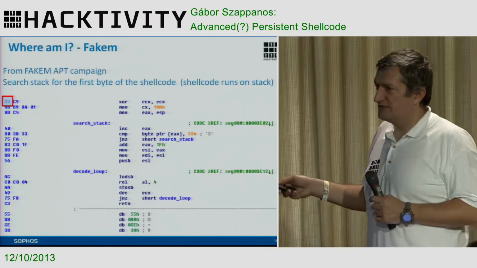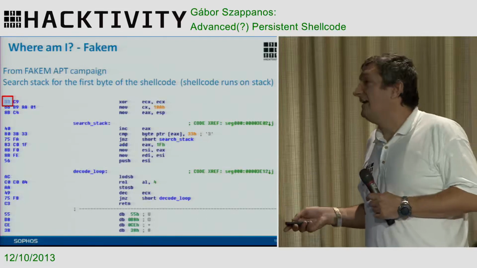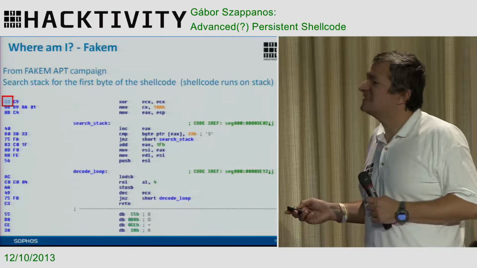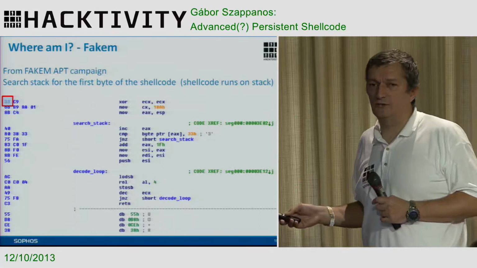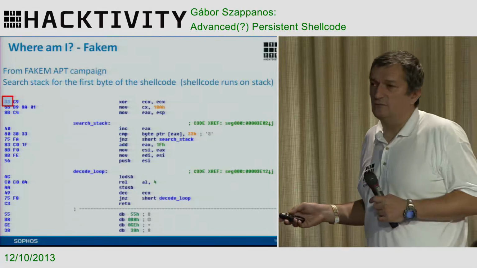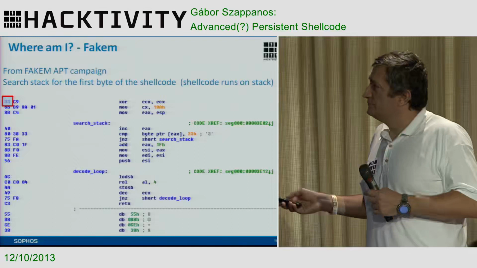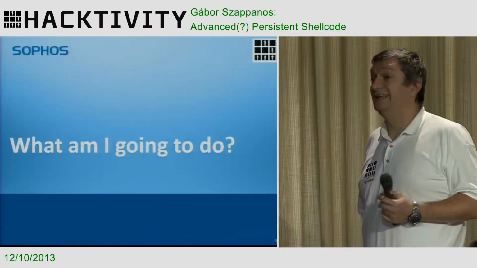Now, to use this method, the shellcode has to be sure that the stack pointer will point somewhere nearby the beginning of the shellcode. Otherwise, there will be a chance that some random bytes will be picked up from the memory. Anyhow, this is another method for accessing the location.